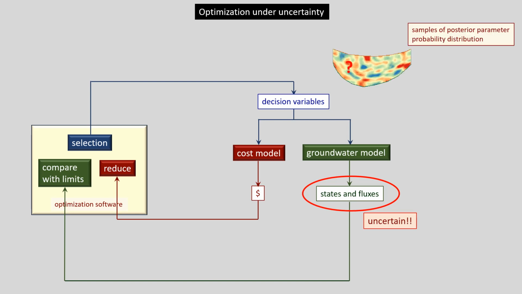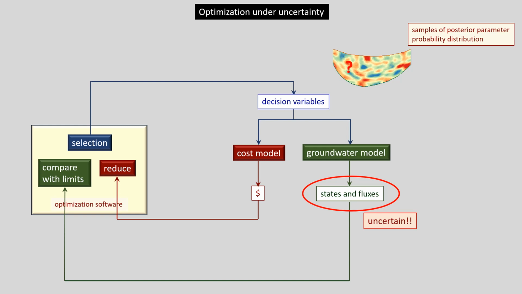So we know that there are many different ways to fit a calibration data set. It's possible to have many different parameter fields, all of which are in accordance with the prior probability distribution of hydraulic properties, all of which fit the data fairly well, but with considerable variability between them that may cause certain decision-pertinent model outcomes to have a lot of uncertainty.